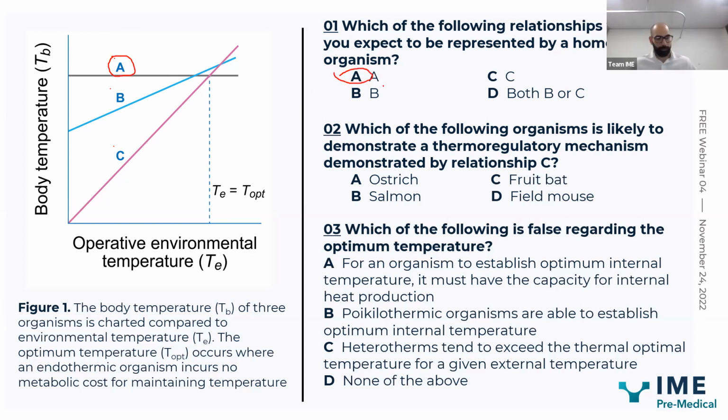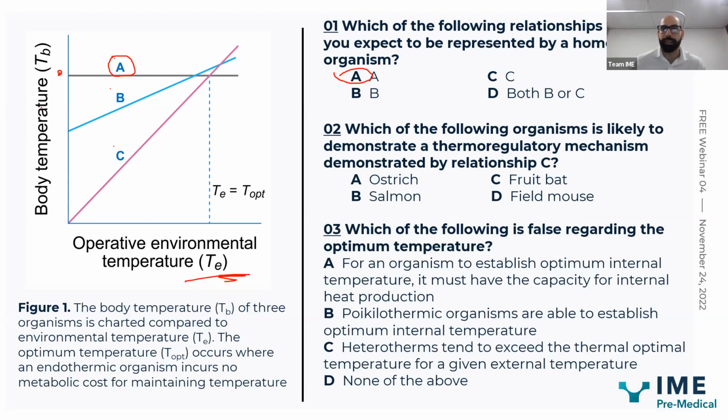Or maybe it's on the other page, actually. So the definition of a homeotherm: an organism whose internal temperature remains stable over a vast range of external temperatures. You can see here, its internal temperature is not changing over a massive change in environmental temperature.